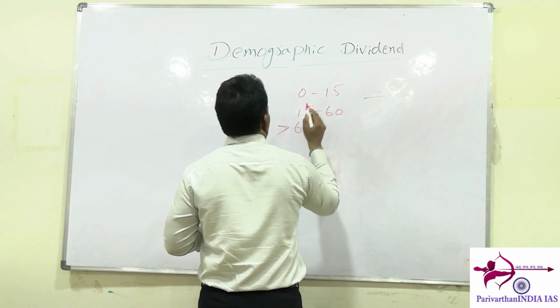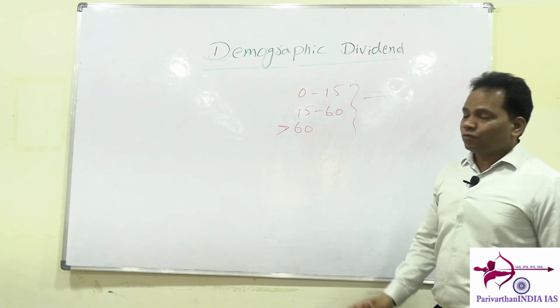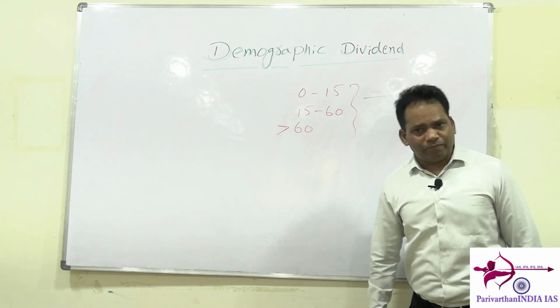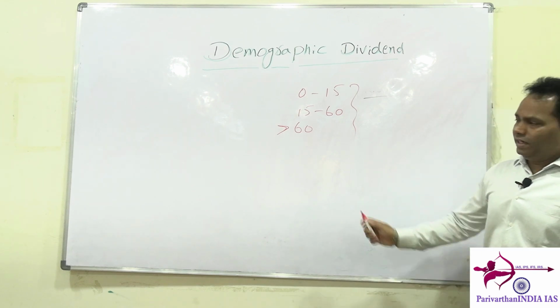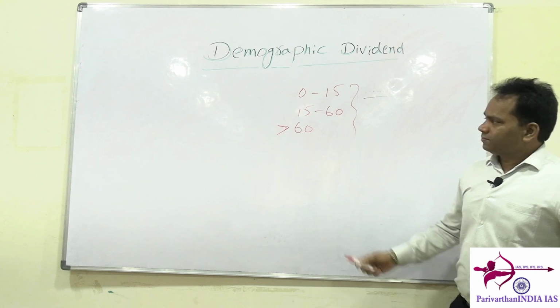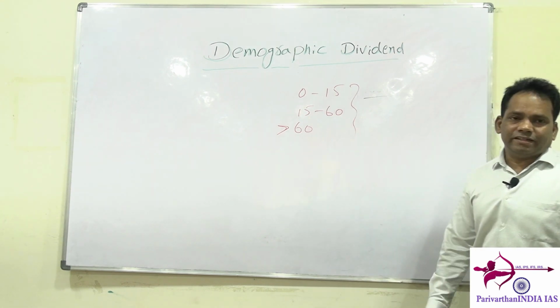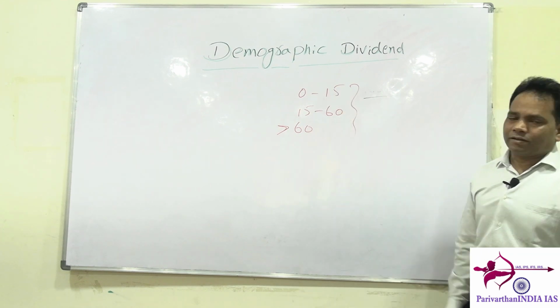This age pattern is more important, mostly in India. Of course, it is 15 to 64 in some areas, but don't worry. In India, it is 15 to 60.